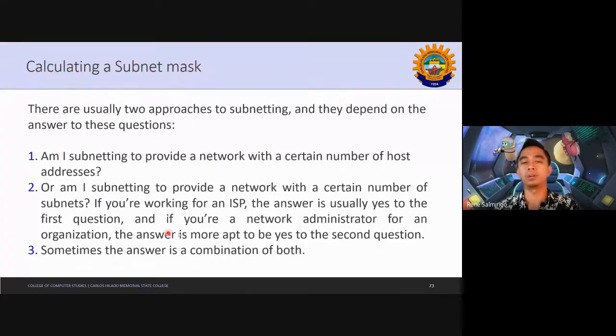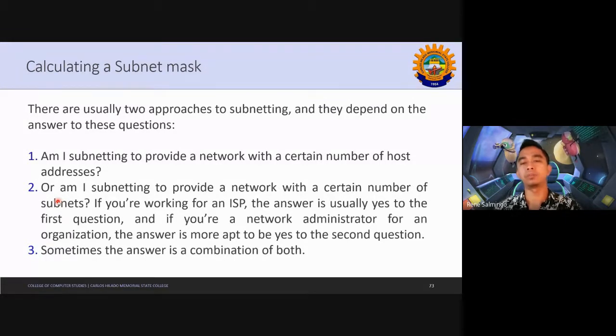Now, if you are a network administrator for an organization, the answer is yes to the second question, because I am subnetting to provide a network with a certain number of subnets. You lessen the number of subnets that you have to manage.